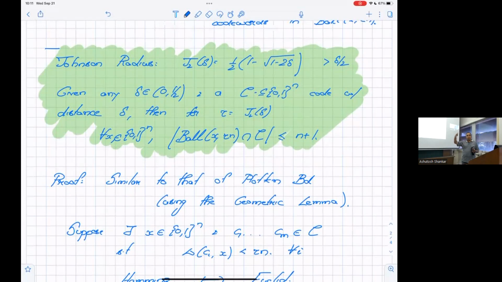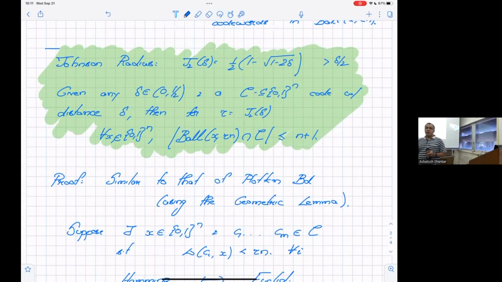Even if you go up to that point, and make that many corruptions, you will not see more than n plus 1 code words. In principle, if you go beyond the delta by 2 regime, unique decoding fails because there might be 2 code words. But you can say, okay, unique decoding fails.